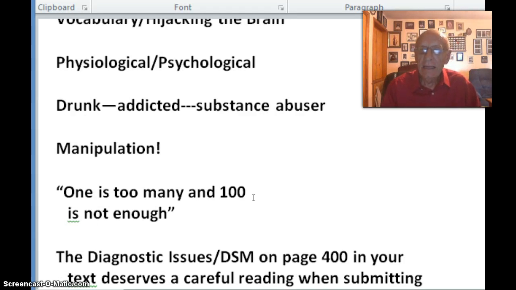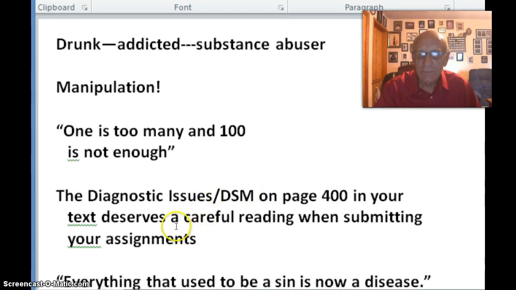Individuals can be good manipulators, whether they're bulimics and they need a gallon of mayonnaise to satisfy this desire, or whether they are a cocaine user, alcohol user, caffeine user, or whatever it is, individuals can manipulate. And what we're talking about here is where one is too many and 100 is not enough. And I'm sure that you have heard those aspects before.